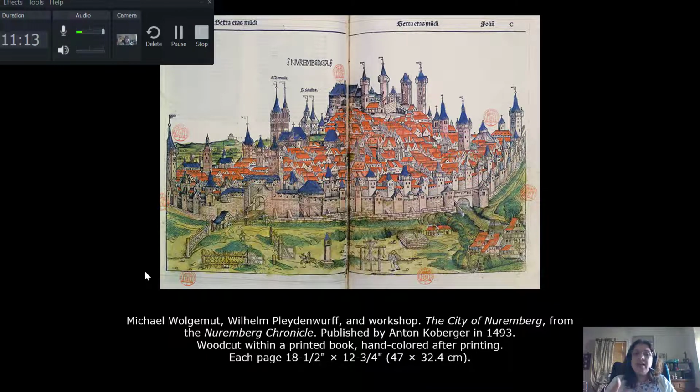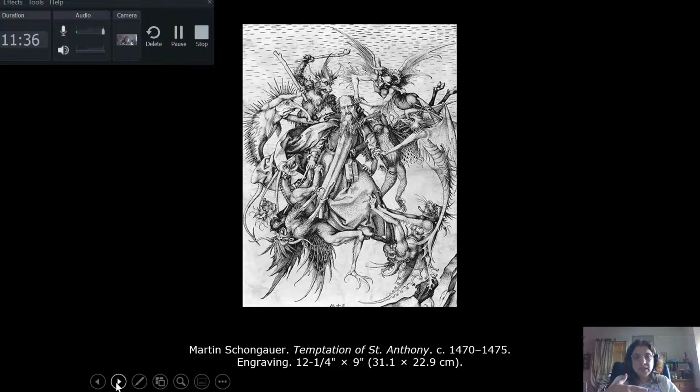And as these become faster and more economical to make, we have now more books being made, and we have then the availability of books. More people learn how to read, more people learn how to write, and things really begin to change because people learn more.